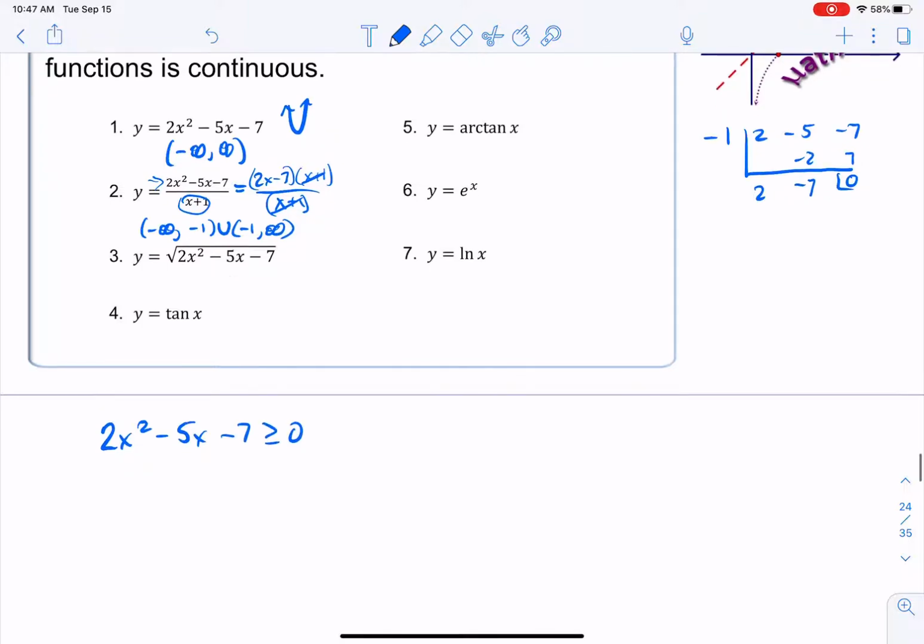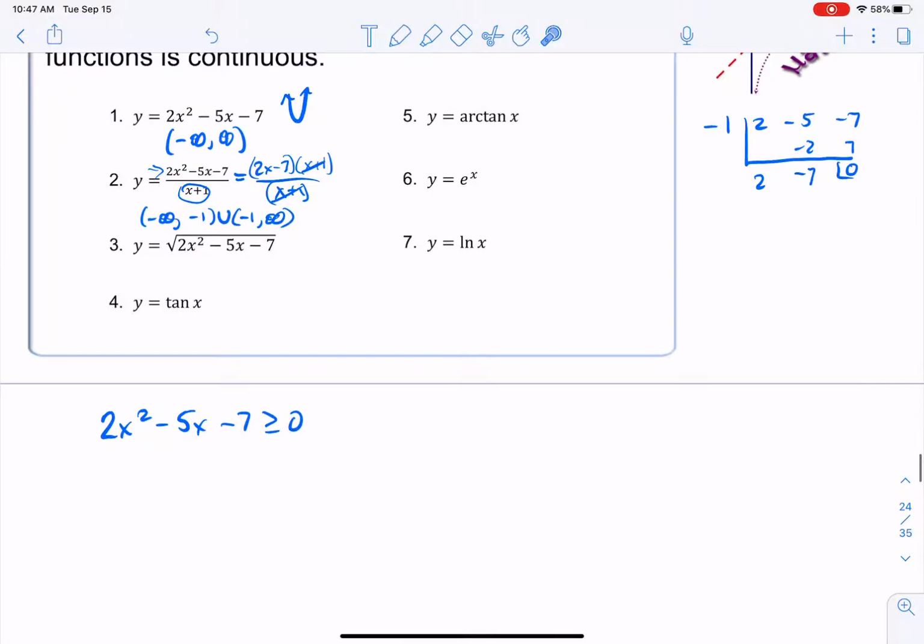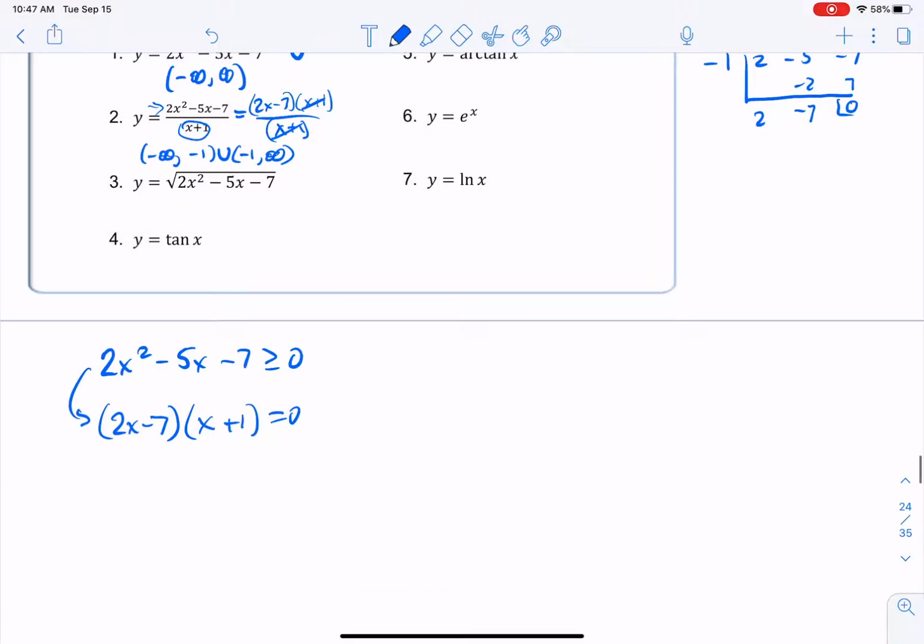It's totally convenient that we just factored this thing right up here because it's the exact same quadratic. So we know exactly how it factors. Setting each factor equal to 0, first of all x plus 1 is equal to 0, and then we get our two critical points. x is equal to 3.5, 7 halves, or negative 1.